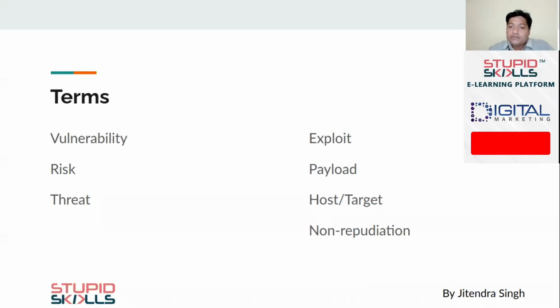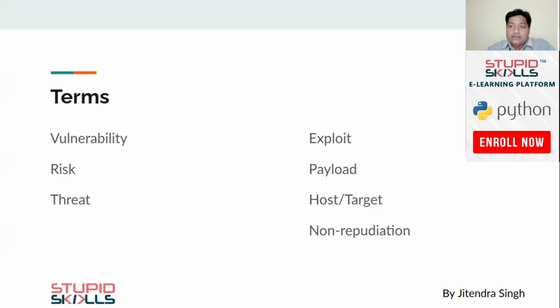Then there is a term called non-repudiation, which means, let's say I send an email to somebody, but there is some kind of digital footprint that particular email has, or some kind of information which is tagged along with that email, which a person cannot deny, saying that I did not send this particular email.